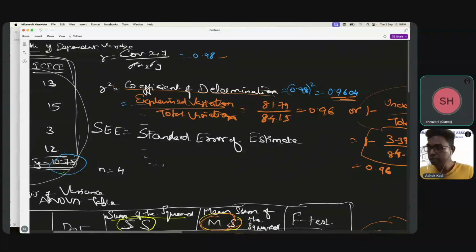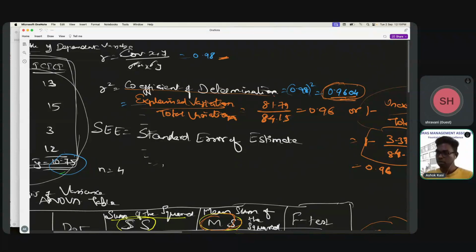R square will tell you what percentage of Y is explained by X, that is, how much of the movement of Y is happening because of the movement of the variable X. So here 96% of the movement in Y is happening because of the variable X. R is telling you the intensity: if X is going up, Y will also go up. R square is telling you how much.